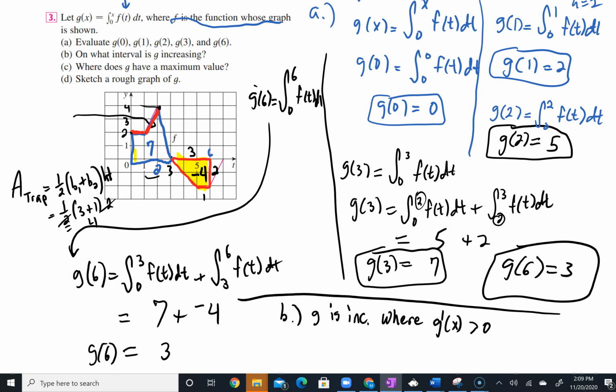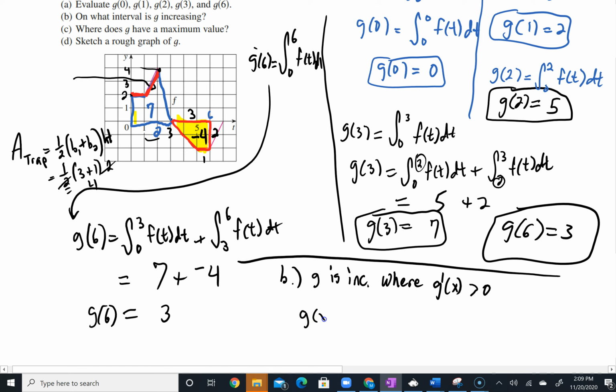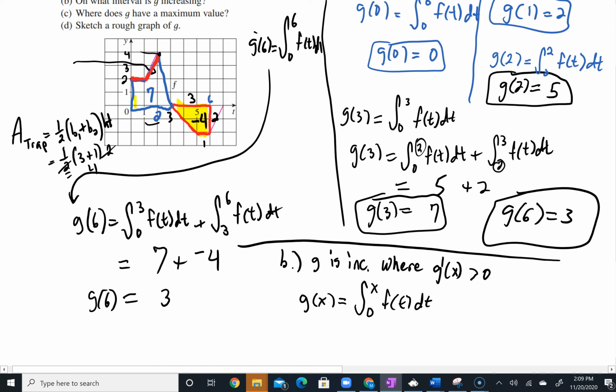So what you want to do is revisit this problem. We know that G of x is equal to the integral from 0 to x of f of t dt. And as we saw earlier, the fundamental theorem of calculus part 1, G prime of x, remember the most general form that we have is to plug x in here, the upper bound, multiply by the derivative of that upper bound, which is just a 1.